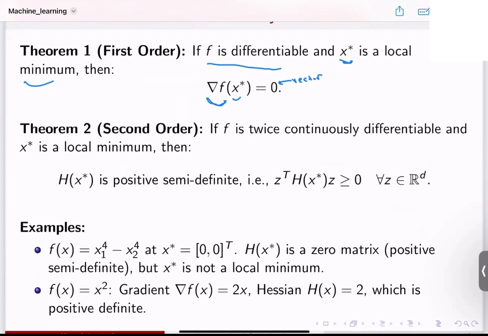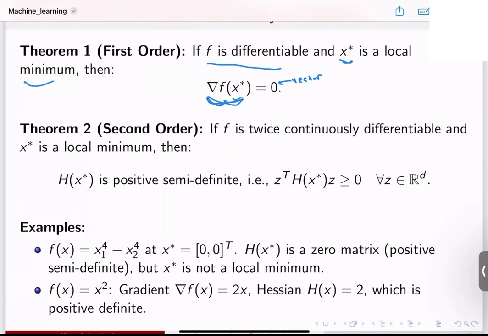So this is something that you expect. We already know that a local minimum is a critical point. If a point is a local minimum, then it's necessarily a critical point, and this is what this theorem is saying. We already know that if something is a minimum, then the gradient at that point must be 0.